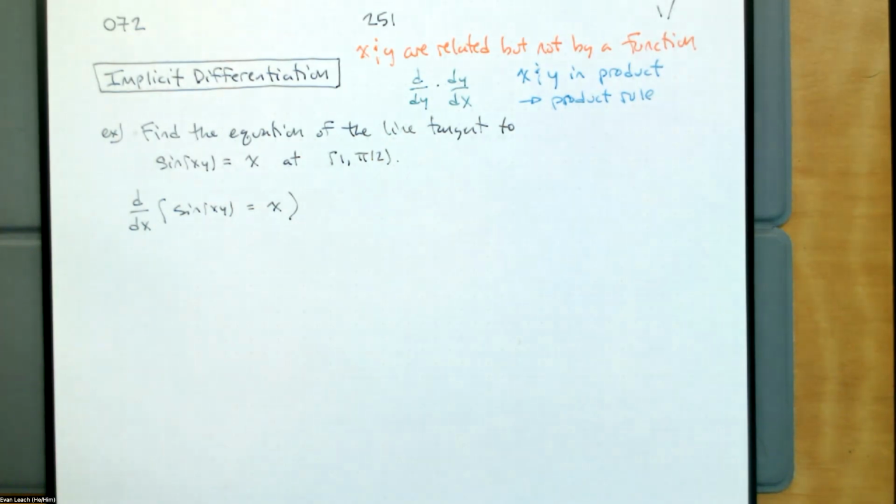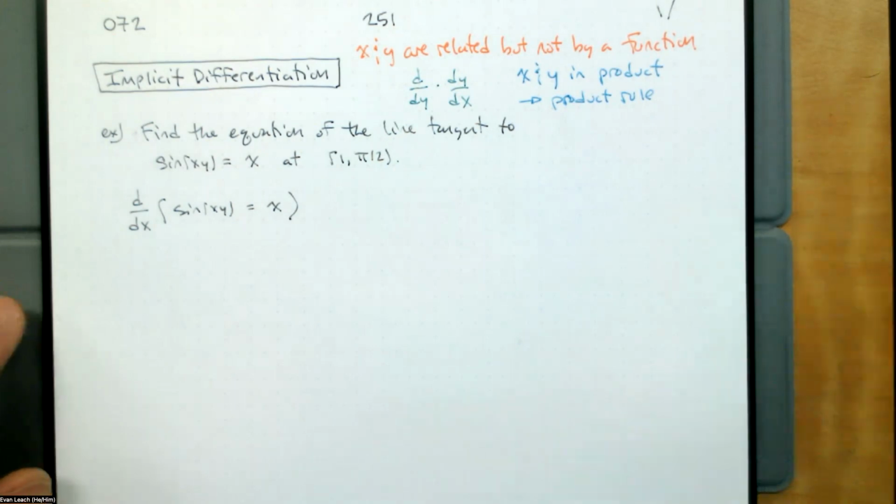But on the left, I've got the sine of x times y. So the derivative of sine of something is the cosine of that thing times the derivative of that thing. Now, in that thing, I've got an x and a y combined with a product, and that says we're going to need the product rule. So when x and y are combined in a product, we're going to need the product rule.